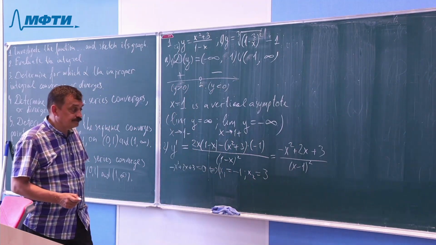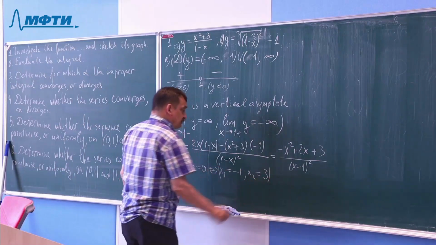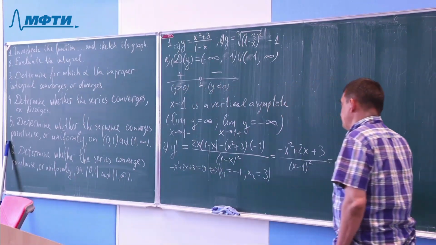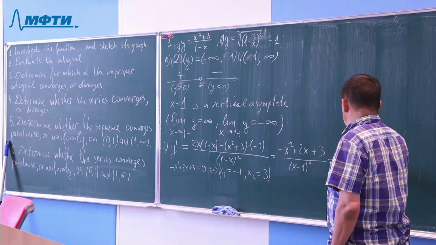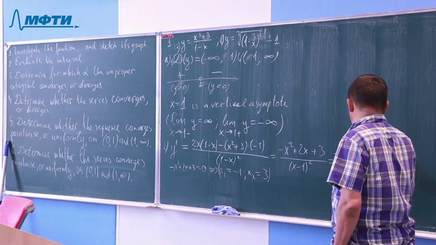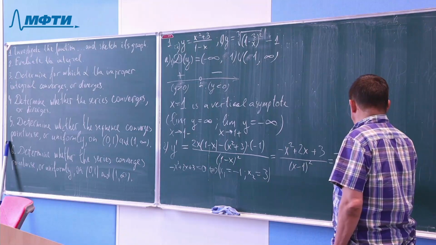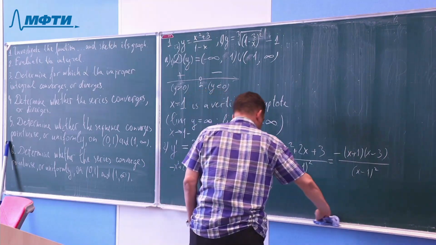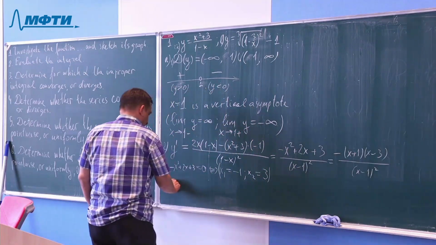So we can rewrite y prime as minus (x plus 1) times (x minus 3) over (x minus 1) squared, and we can determine signs of the derivative.